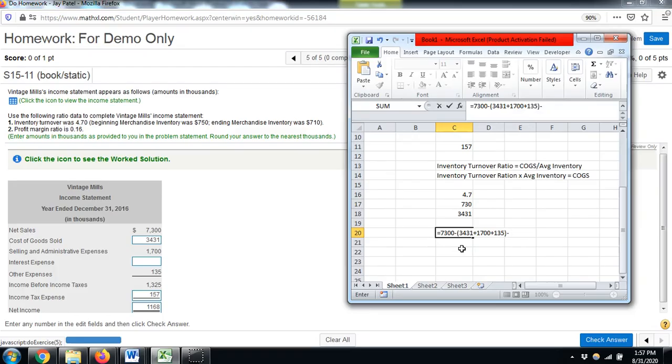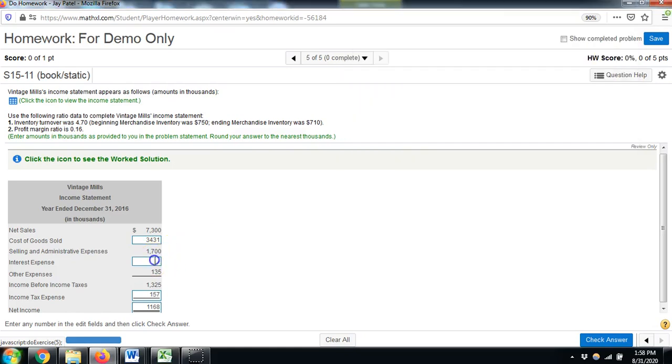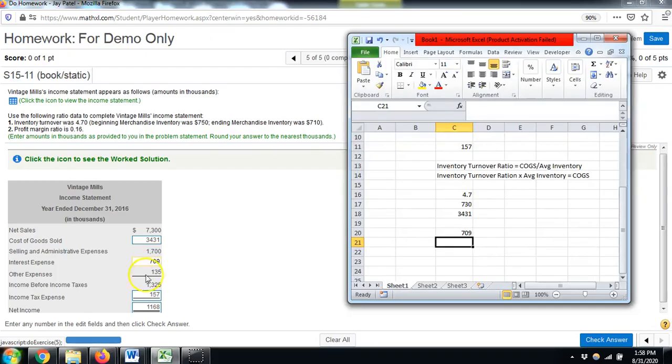And if we subtract this, so I did kind of the algebra in my head, but let's just prove that this is correct.